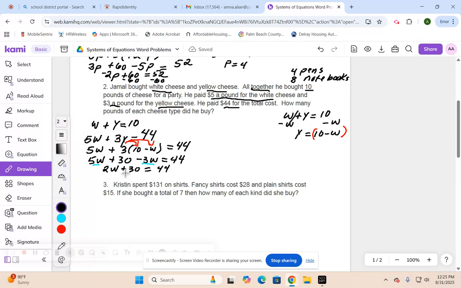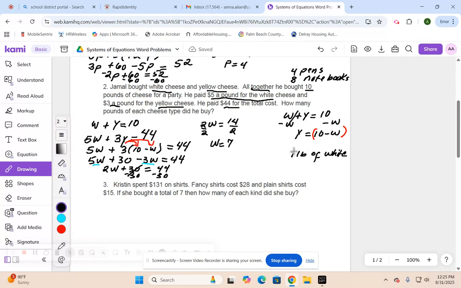Okay, let's subtract 30 from both sides. And we'll have, I'll copy it here, we'll have 2W left on the left side and 14 left on the right side. And now we'll divide both sides by 2, so W equals 7. That means he bought 7 pounds of white cheese.